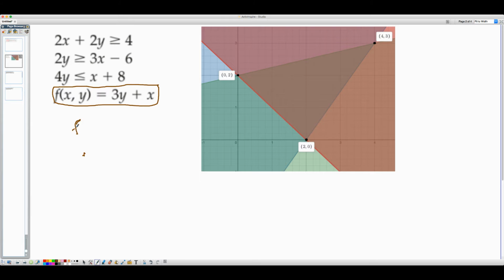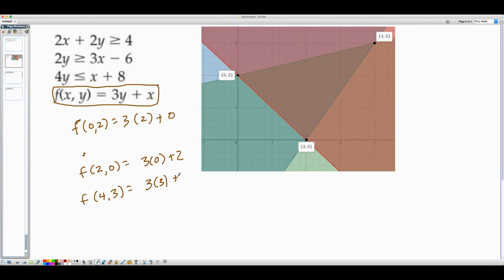We get f of 2, 3, or 0, 2. f of 0, 2 is equal to 3 times 2 plus 0. We get f of 2, 0 is equal to 3 times 0 plus 2. We get f of 4, 3 is equal to 3 times 3 plus 4. Well, this is 9 plus 4, which is 13.